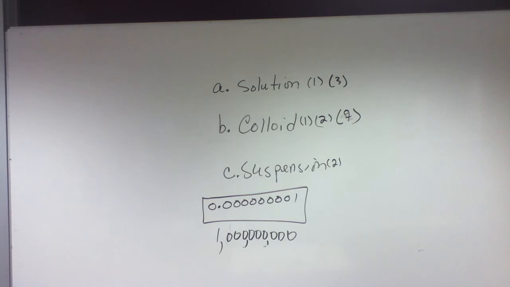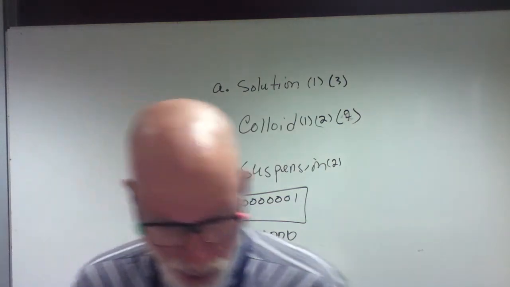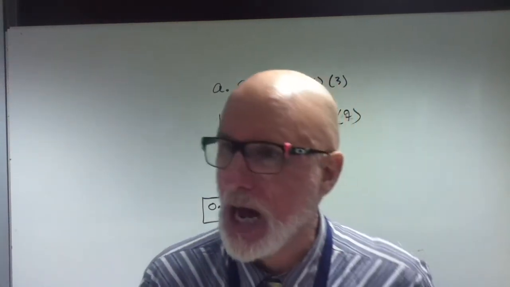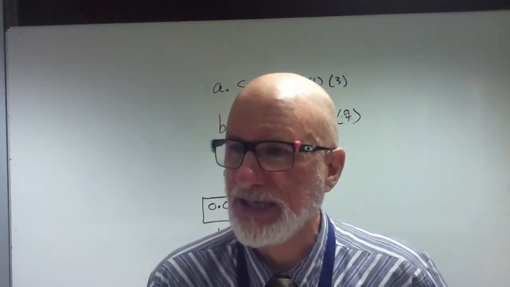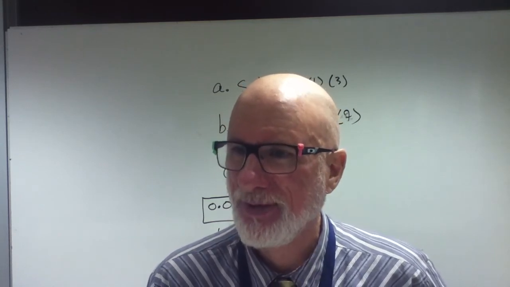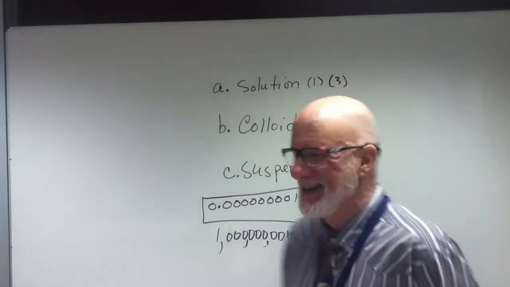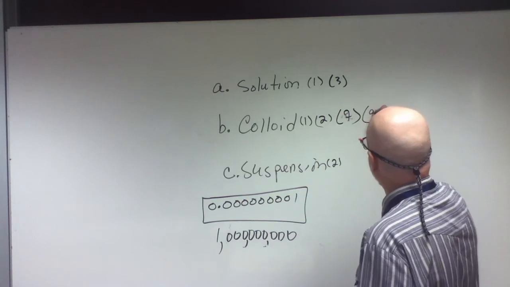So which is the answer? Isn't it 9? Right. But you gotta know which one it is. So it's number 9. What is jelly? A colloid. Okay. Number 9.